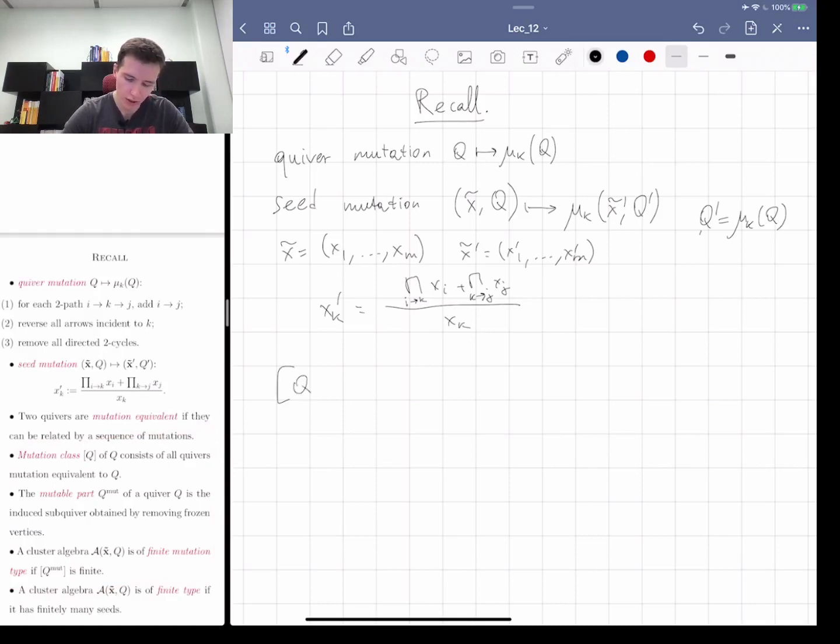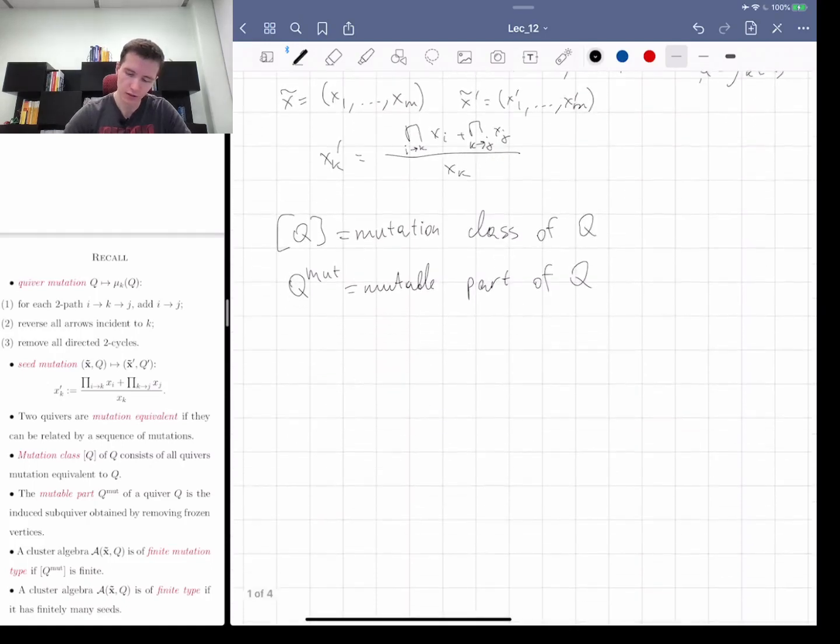By brackets Q, I'm going to denote the mutation class of Q, the set of all possible quivers which are mutation equivalent to Q, obtained from Q by mutations. And also there's going to be Q mut, which is the mutable part of Q.